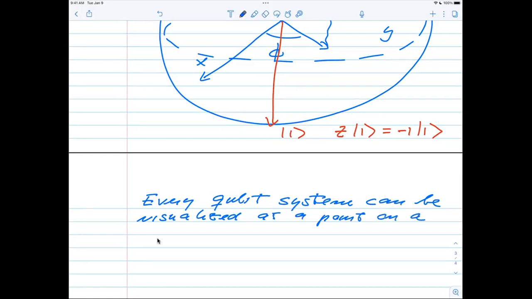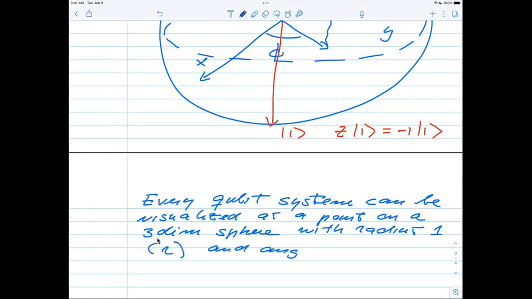Let's just state that again. Every single qubit, and now we're thinking of a 1-qubit system, can be visualized as a point on a 3-dimensional sphere, and it's characterized by a radius which has value 1. So this is the coordinate r, and angles theta and phi. These are the variables which are used to represent a qubit.